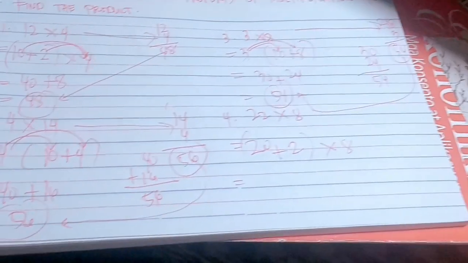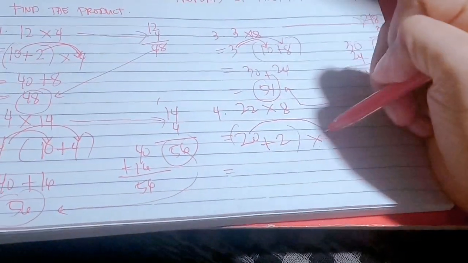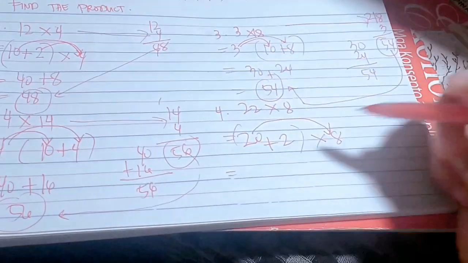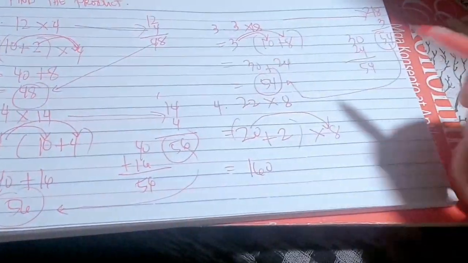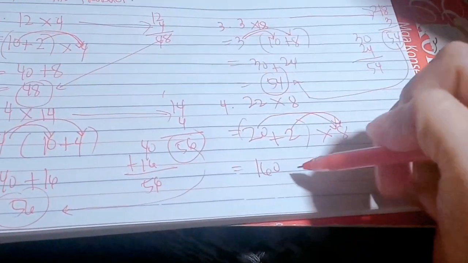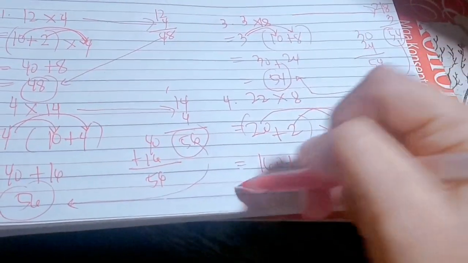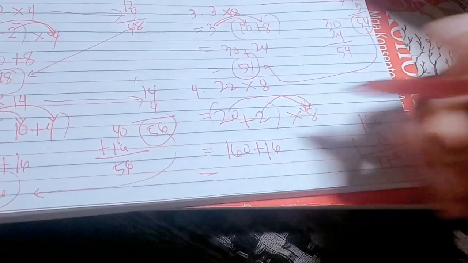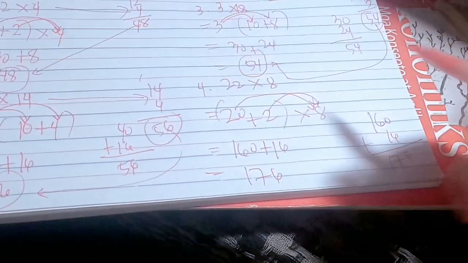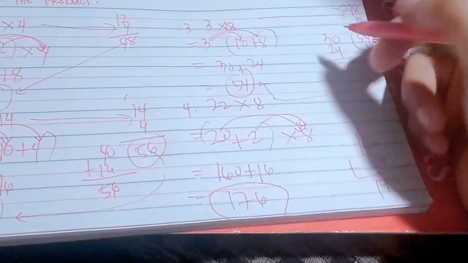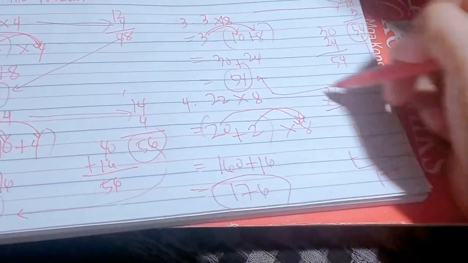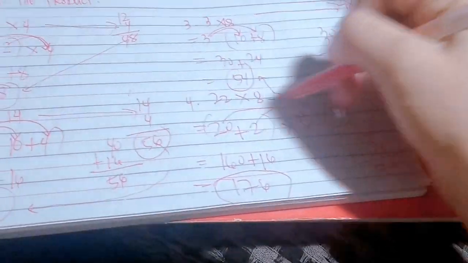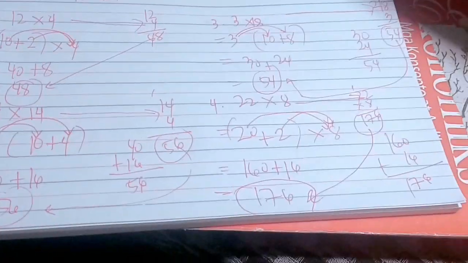So, i-distribute natin. 20 times 8 is 160. 2 times 8 is 16. Then plus. So, 160 plus 16 is 176. So, i-check natin. 22 times 8, 176. So, same na sagot. Then, number 5.